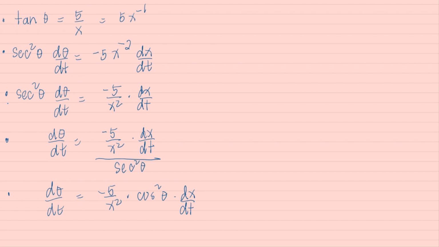Now, since we are given the values of the angle, 30, 60, and 75, the angles that we need to use would be 30 degrees, 60 degrees, and 75 degrees. And we know that dx over dt is negative 600 miles per hour. Now, the only unknown in our resulting equation is the value of x.